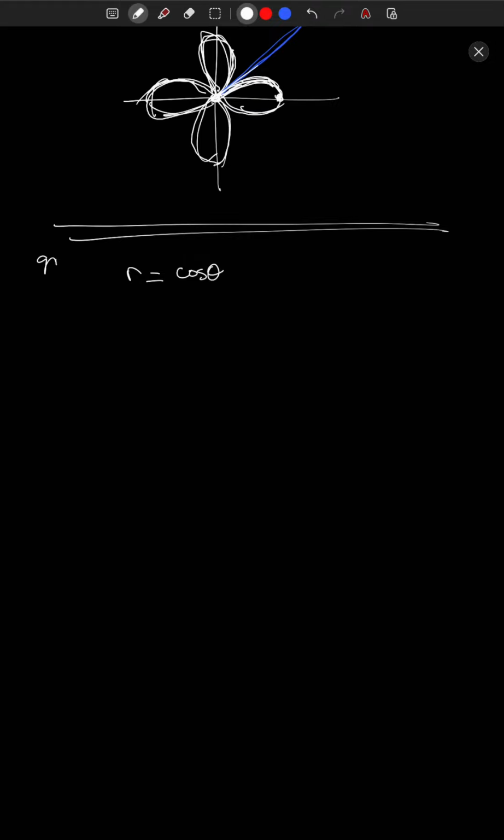So graph. This stuff is not necessarily the most useful material. You're probably not going to ever really need to graph these guys, but these are really good exercises for understanding polar coordinates and getting a good feel for how polar coordinates work.